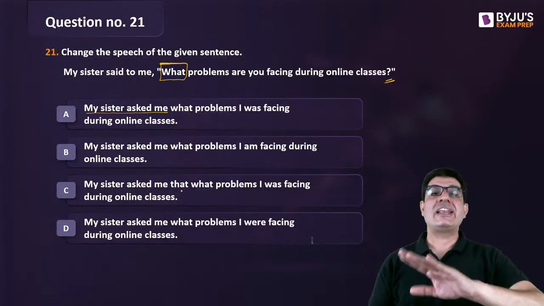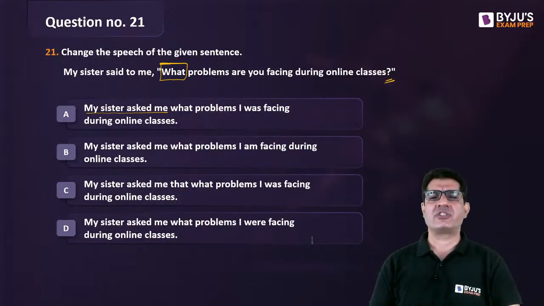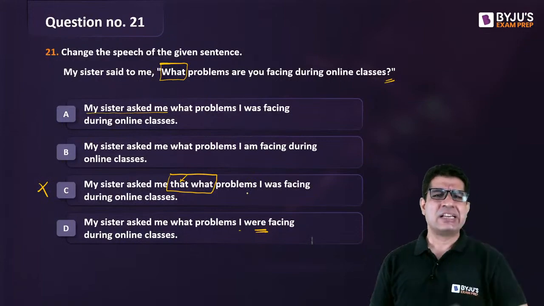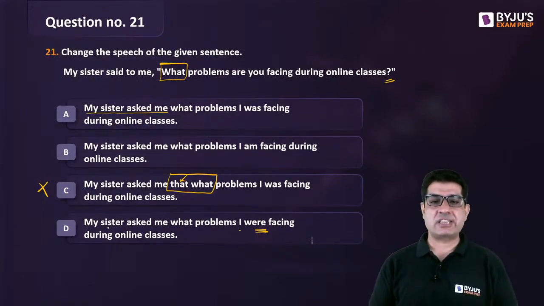We don't add any extra conjunction for such questions. So in C, when you've added this that makes it incorrect. So C is wrong. In D, I were facing. Do we use were with I? No, there are these exceptions. Remember those subjunctive mood sentences, but beyond that, we never use were. So D is also ruled out.